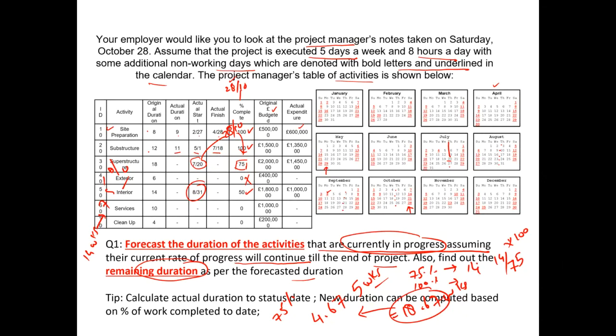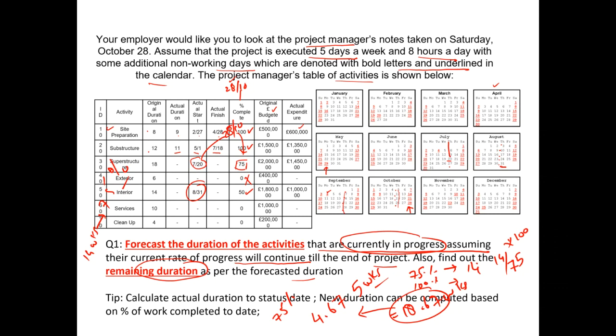And likewise for the other activity, which is interior, interior started on 31st of August, and we have delivered 50% of the work to this date. So just looking at the calendar, it started at this point, and if we start calculating the weeks, it will be 1, 2, 3, 4, 5, 6, 7, 8 weeks, right?